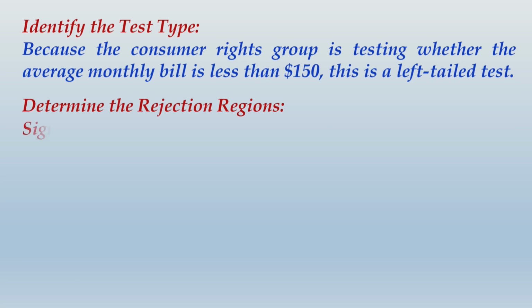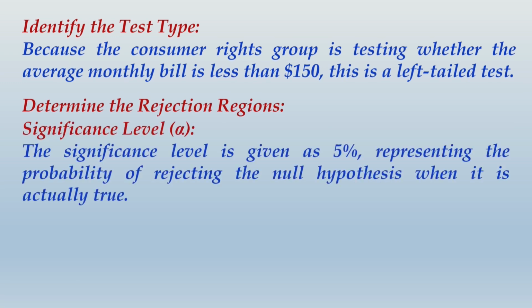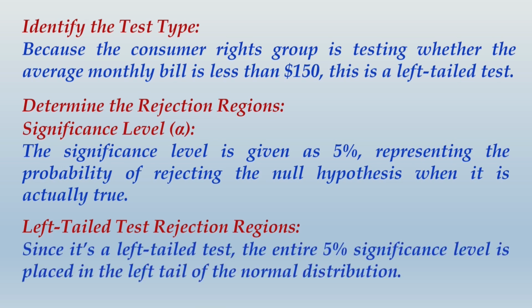Determine the rejection regions, significance level or alpha. The significance level given is 5%, representing the probability of rejecting the null hypothesis when it is actually true. Left tail test rejection region. Since it is a left tail test, the entire 5% significance level is placed in the left tail of the normal distribution.